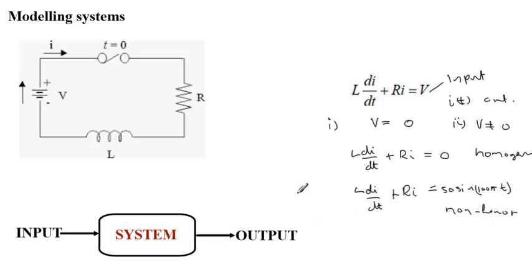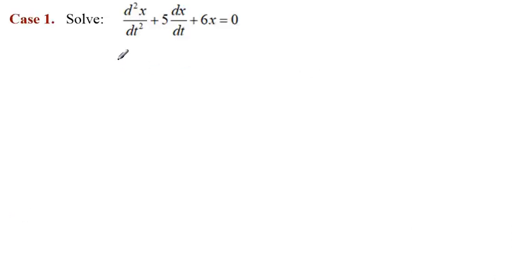Now, going back a little bit, what we saw in the previous example was how to solve homogeneous equations. So let's start by recapping the first case which we saw. We had a differential equation of this nature.